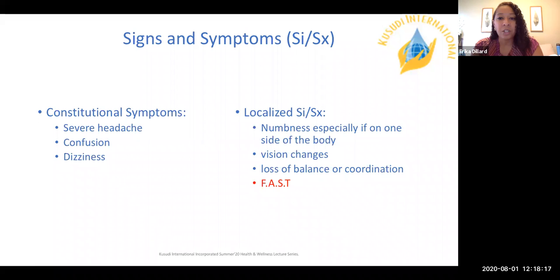So for instance, when we talk about localized symptoms, we're talking about things like numbness or tingling on one side of the body, changes in your vision, not just blurry vision, but you may have decreased vision on one side versus the other, or you could have double vision, specifically in looking in a certain direction, that double vision might increase. So these are more localized signs and symptoms.